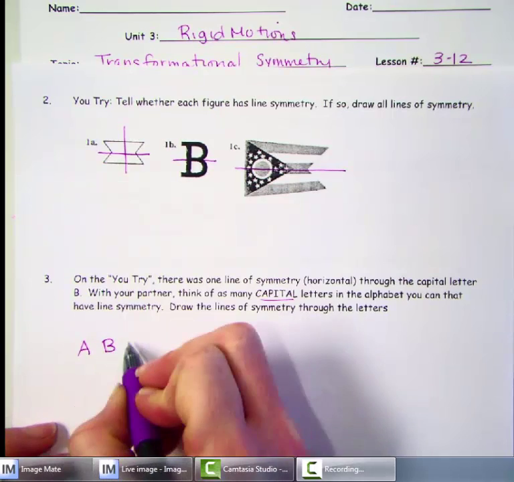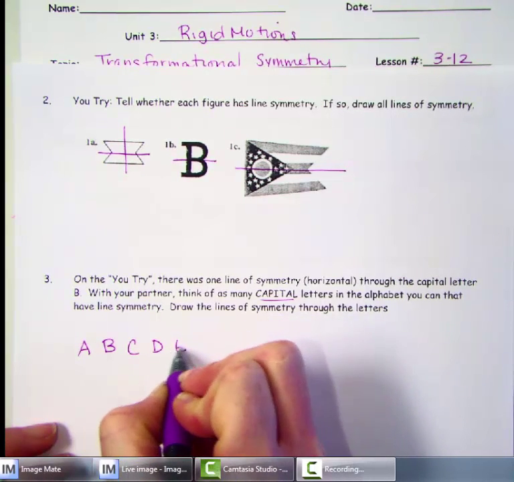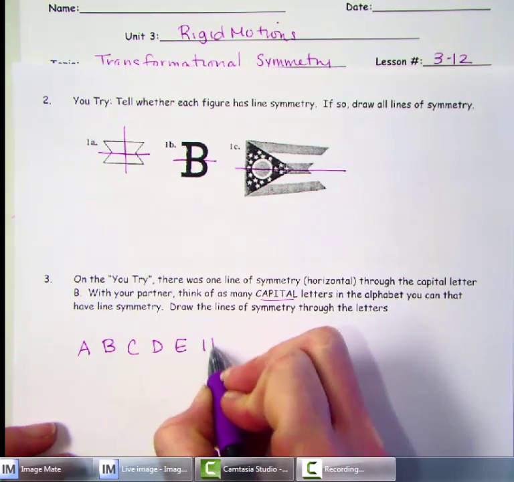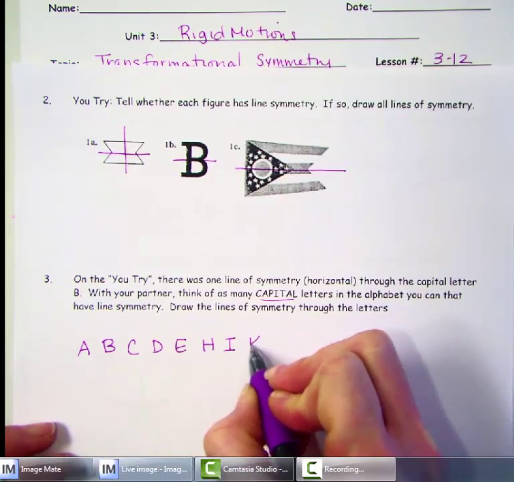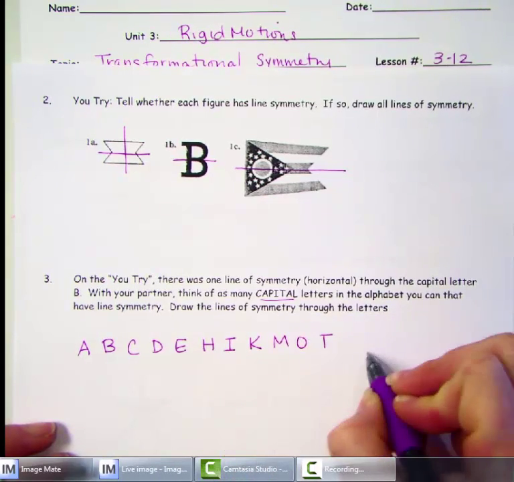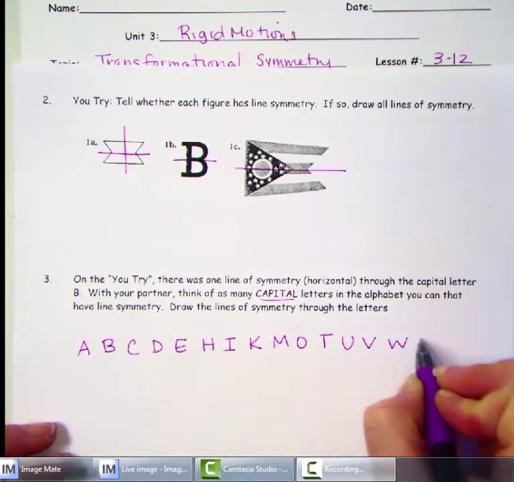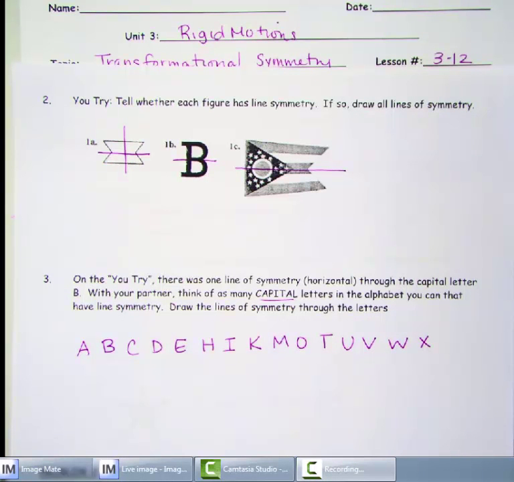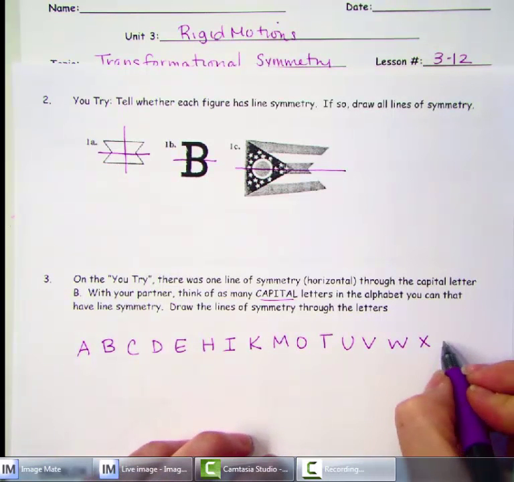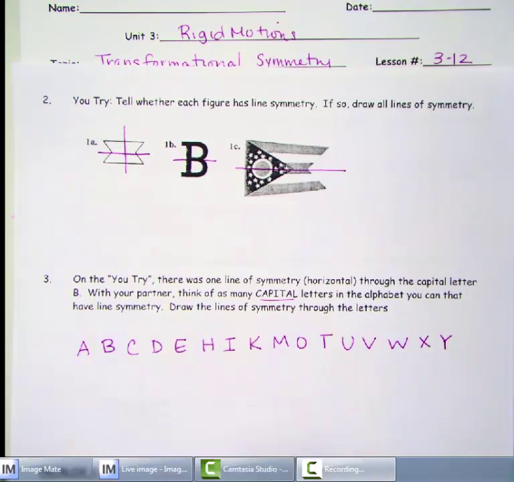Capital A, B, C, D, E, H, I, K, M, O, T, U, V, W, and X all have lines of symmetry, and depending on how you draw a Y, could also have line symmetry.